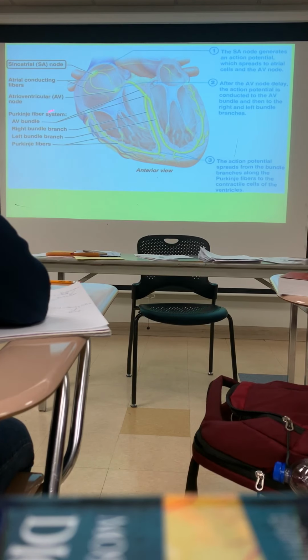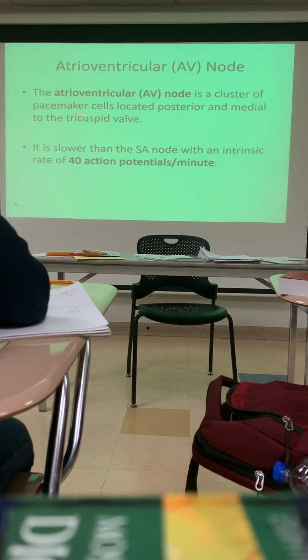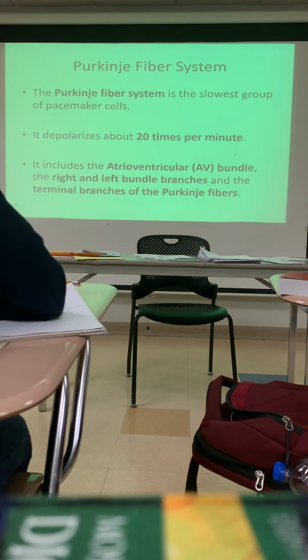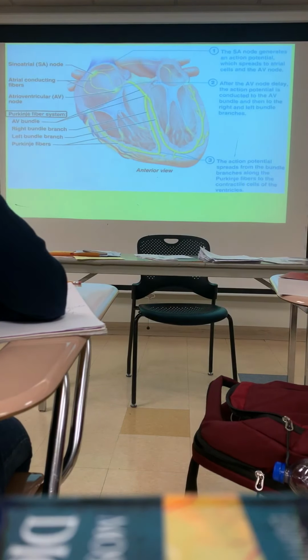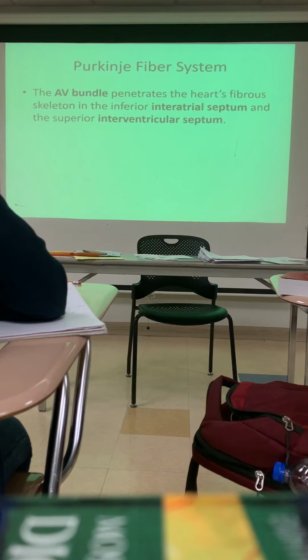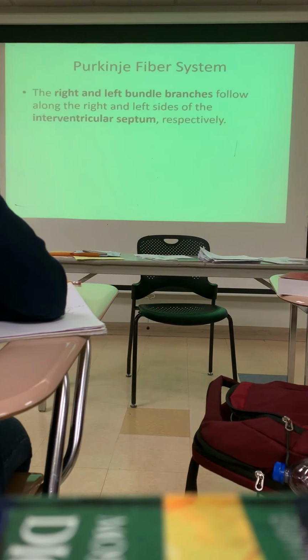And then the AV node, there is also a conduction system, and then the Purkinje fibers. That's the action potential for each. But if it is from here, it's 40 action potentials per minute, very slow. The last is the Purkinje fibers, which fire 20 times per minute, not enough, right?